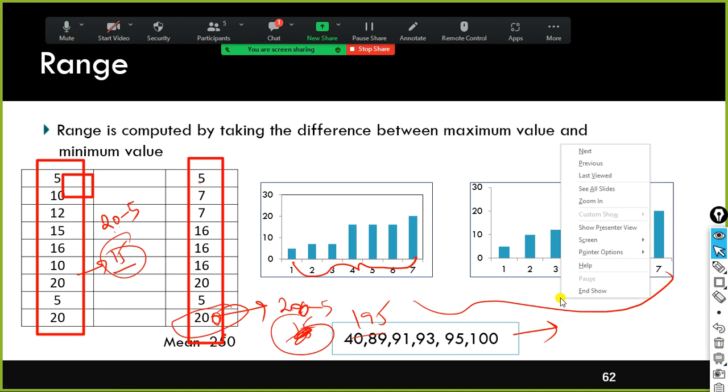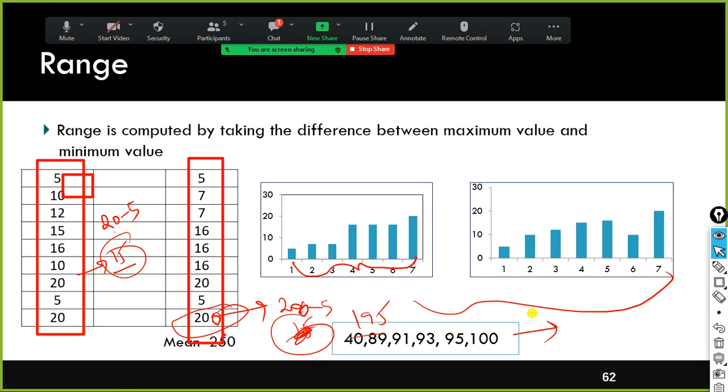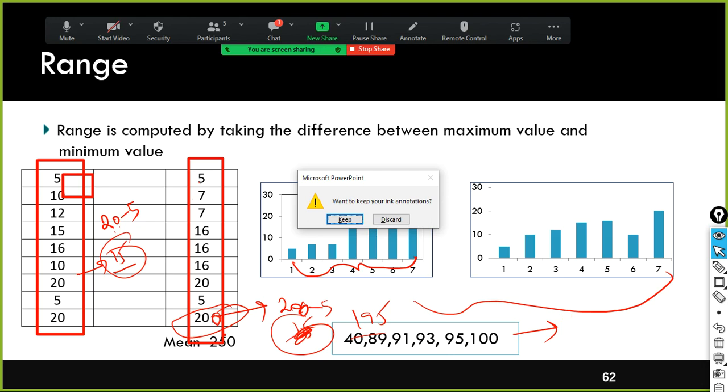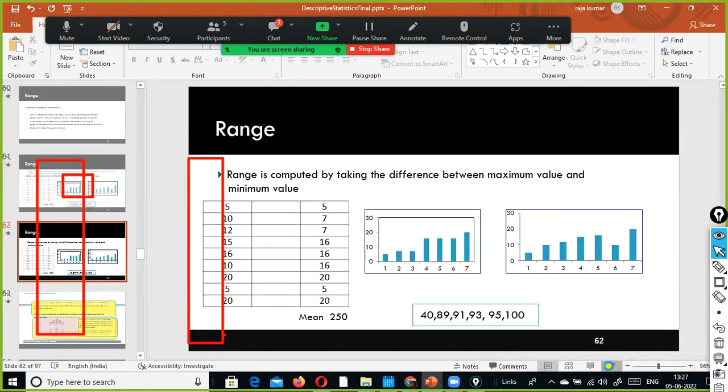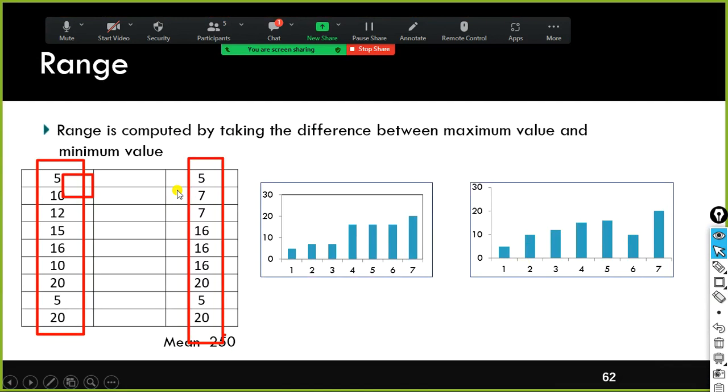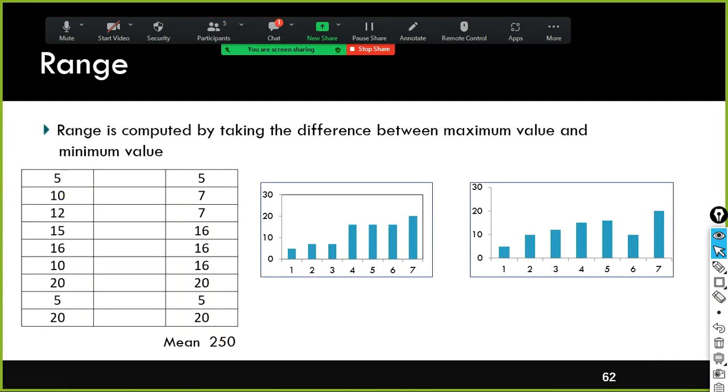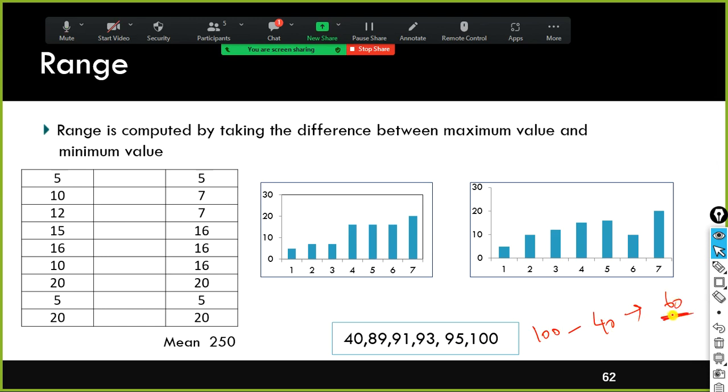So 100 minus 40 is 60. The range is 60. So what does it say? The spread of the data.